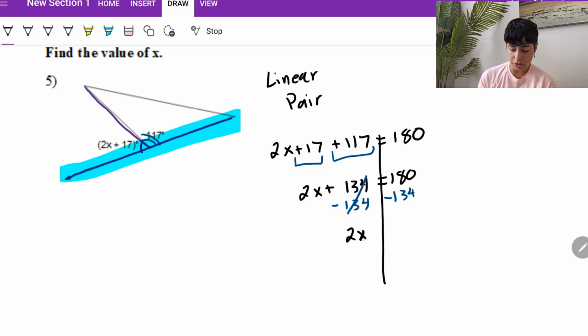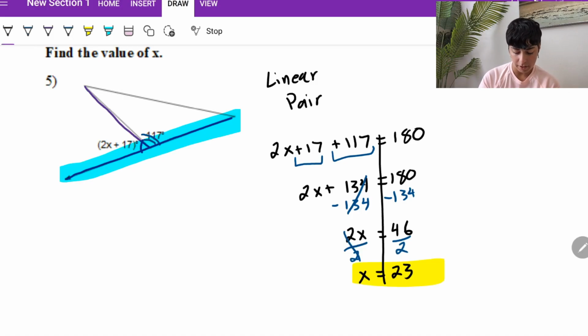And that leaves us with a 2x on the left side and a 46 on the right side. Now lastly, to get x alone, I need to divide both sides by 2. And we are left with x being equal to 23. And that is how we use angle relationships to be able to solve equations.